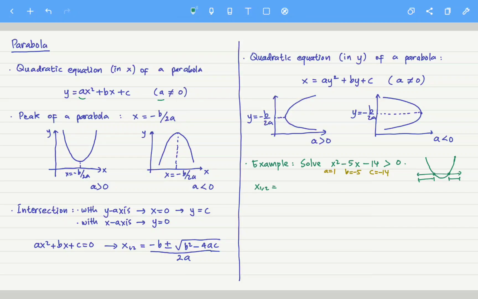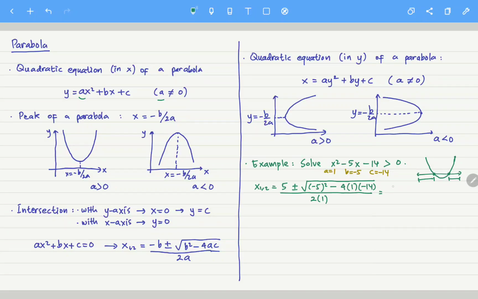So minus b, we will get 5 plus minus the square root of b squared, so minus 5 squared, minus 4ac, so 4, a is 1, c is minus 14, divided by 2a, 2 times 1.